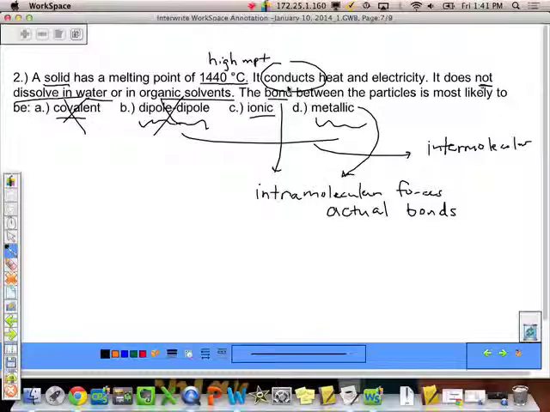Ionic will conduct heat and electricity, but only in a certain circumstance. Actually, two circumstances. What are those two circumstances where ionics will conduct electricity? If I take table salt. Go for it. Yes, absolutely. If it is in an aqueous solution, it will conduct. Or one other thing.